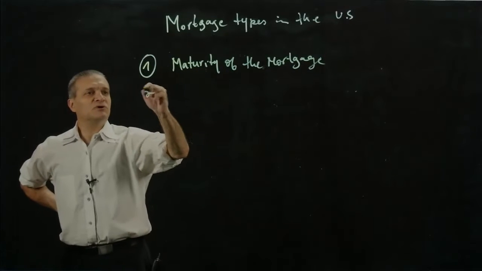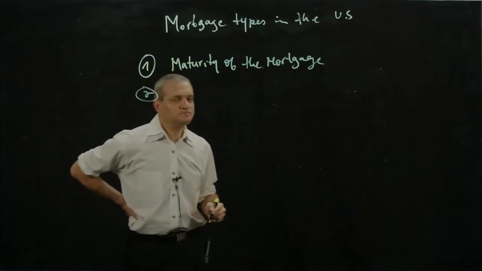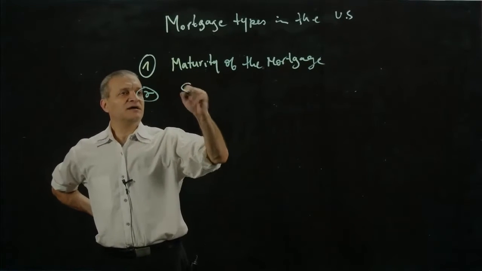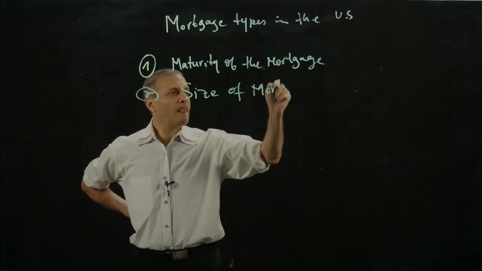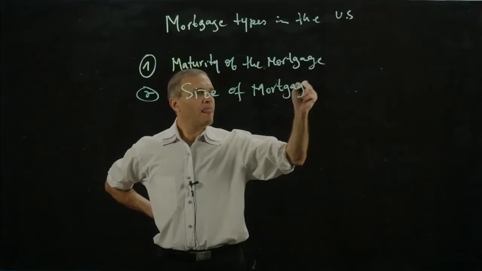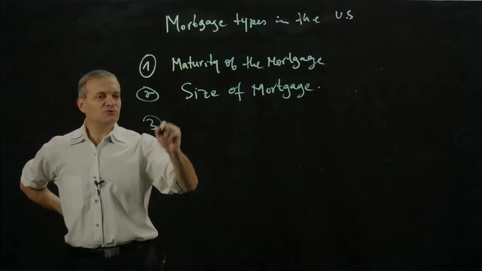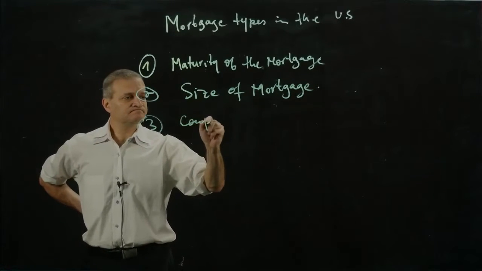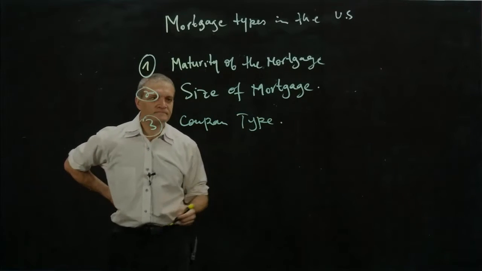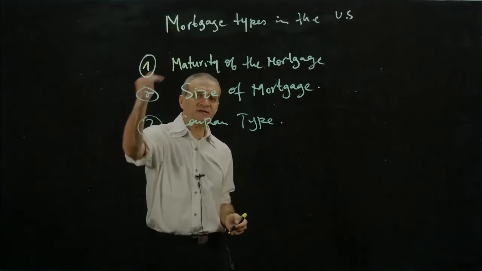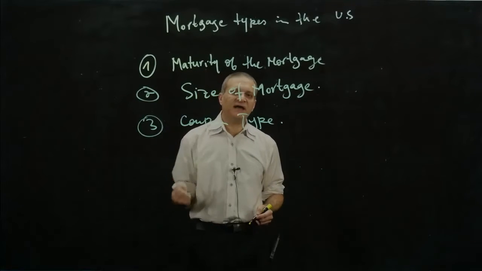Then we're going to talk about the size of the mortgage. And then we're going to talk about coupon type. So those three things define the type of the mortgage.